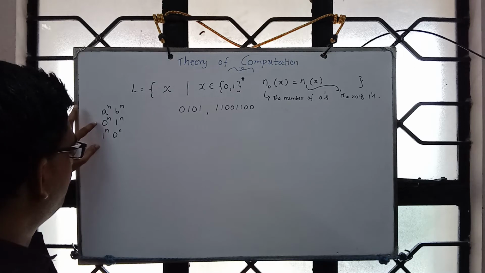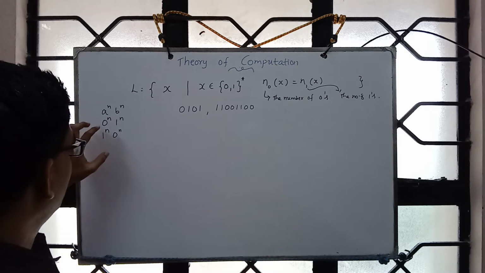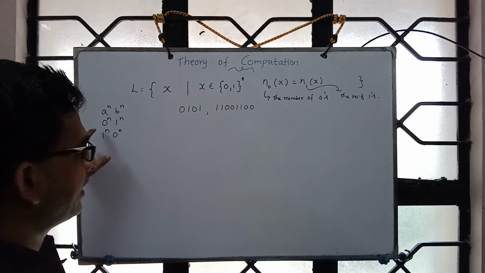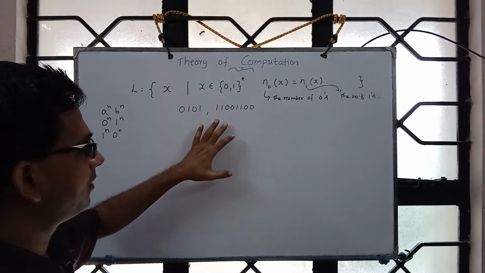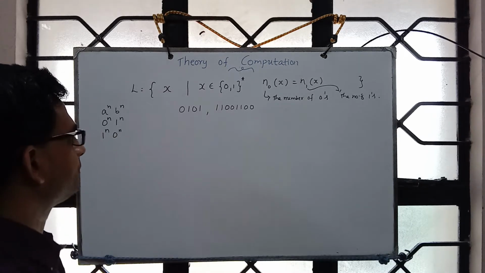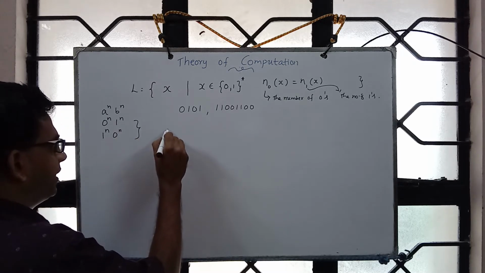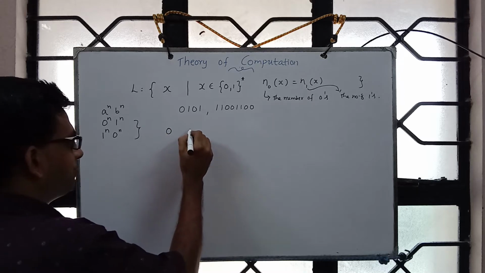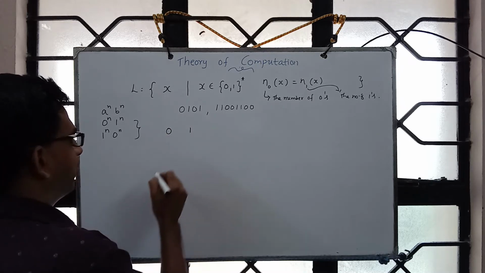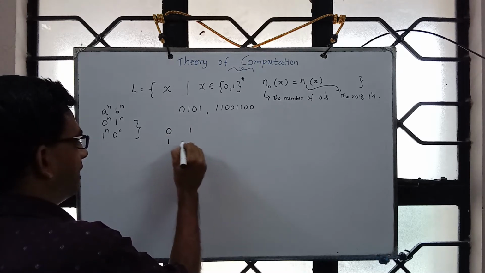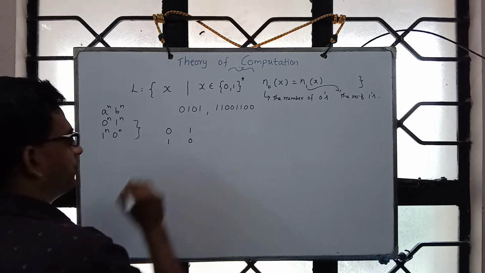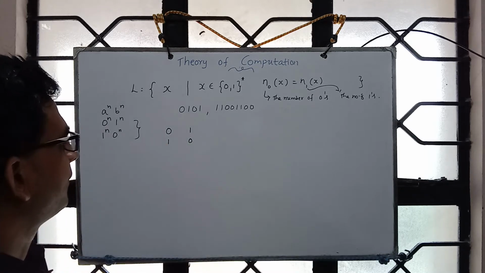The thought process that we used, or the patterns that we identified when we designed this similar grammar, is true here as well. So what was our thought process? When you generate a 0, the corresponding 1 should also be generated. When we generate a 1, the corresponding 0 should be generated.